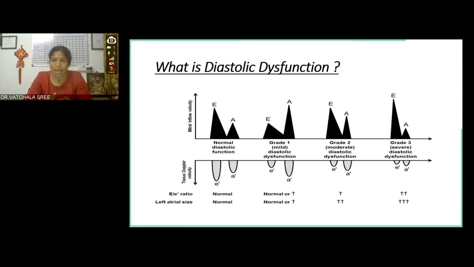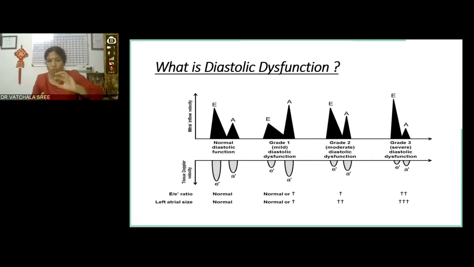So grade 1 is the very preliminary stage. It doesn't mean that coronary artery disease or something more serious has happened, but simply the ventricle has lost its compliance. The ventricle has become stiff. It is not able to expand more. So the initial filling phase, which was very passive and very effective, is not that effective in grade 1 diastolic dysfunction simply because the LV is not able to expand.